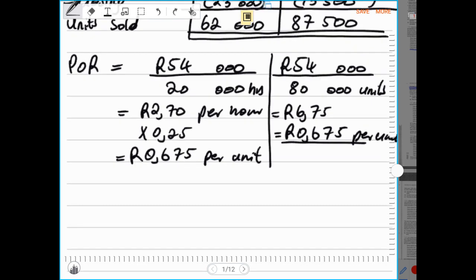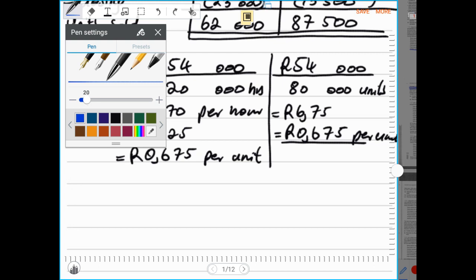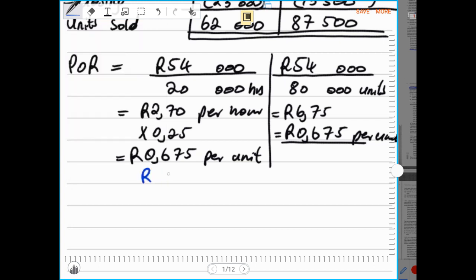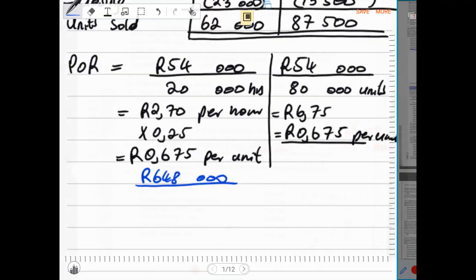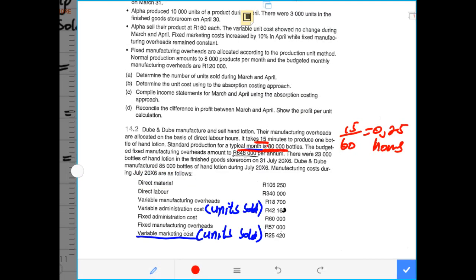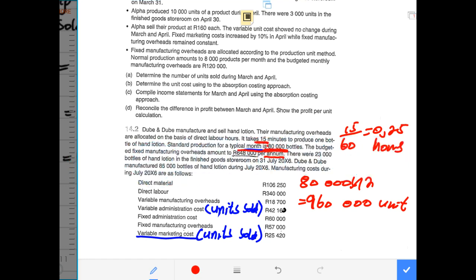The second method which you could have used, again, I want to show you all this approach. You could have taken the full 648,000, which is our budgeted fixed manufacturing overheads per annum. Remember, it was already given to us as per annum. Then we convert the units, which is the 80,000 units per month, times 12, and I've shown you that it will give you 960,000 units, which is standard production per annum.